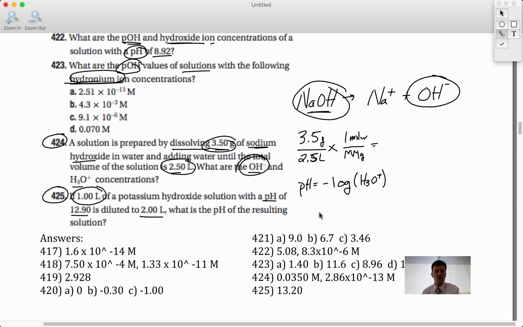Okay? So, if the pH is 12.9, you should be able to find the concentration of the hydronium ion. Basically, it's going to be 10 to the negative 12.9. That's going to be the concentration. Okay?